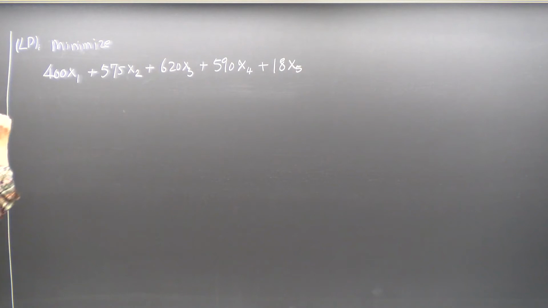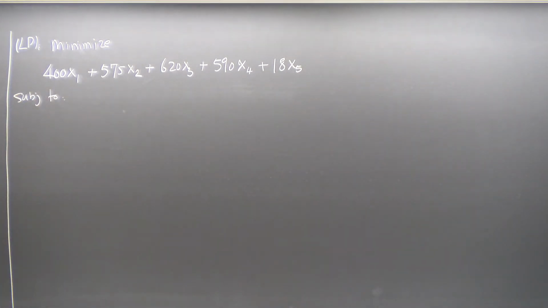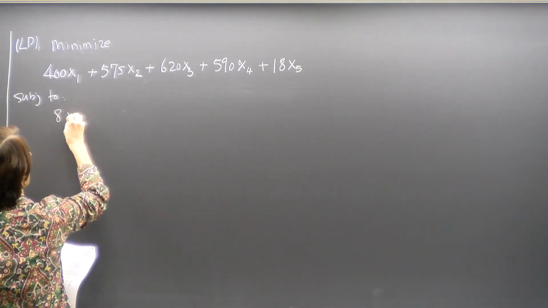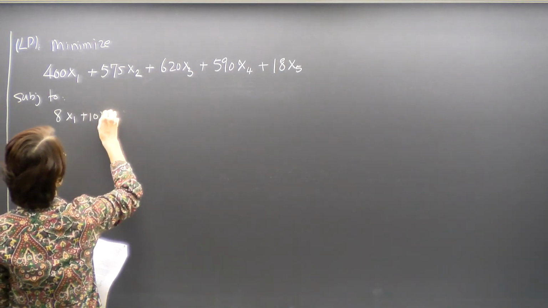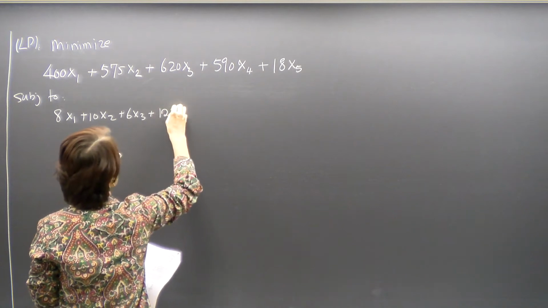All right, constraint. I actually have quite a few constraints. So first type of my constraints come from the limit of resource. So the total labor cannot be more than that, and the total material cannot be more than these. So I will set this up. So the total hour I would have will be 8 x1, 10 x2, 6 x3, 12 x4.